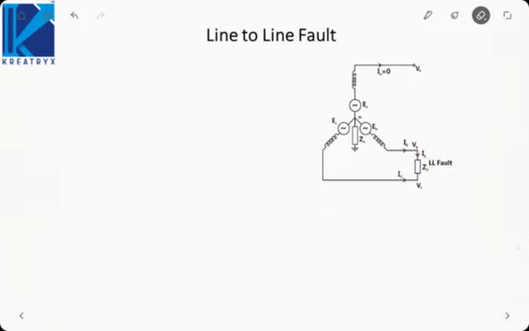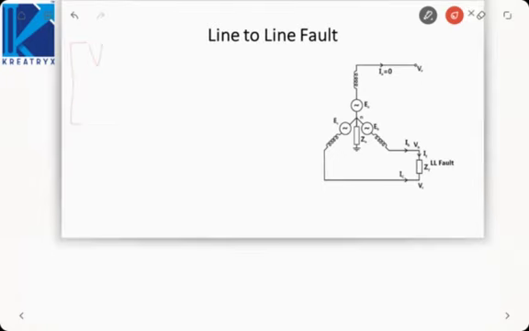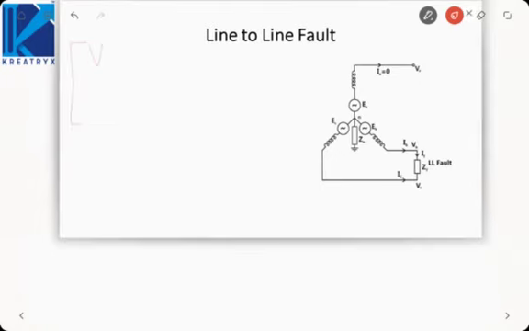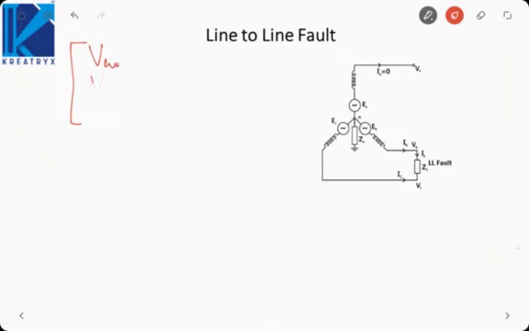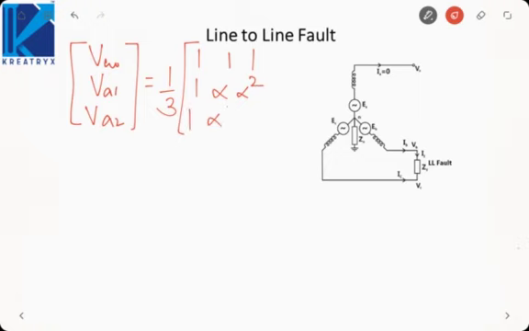So VA0, VA1, VA2 will be equal to 1 by 3 times the matrix 1, 1, 1; 1, alpha, alpha square; 1, alpha square, alpha. Now VA is unknown, let us leave it as VA. VB is equal to VB, but VC is equal to VB minus IB into ZF.